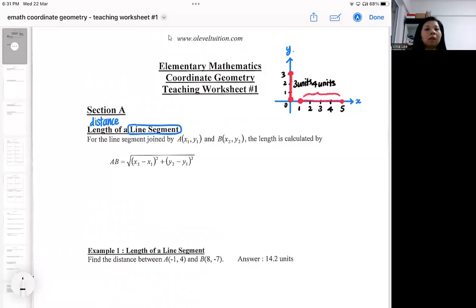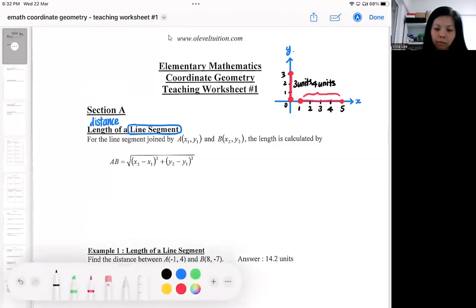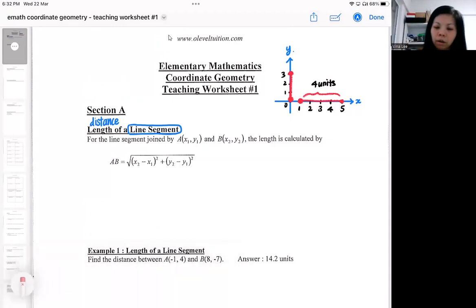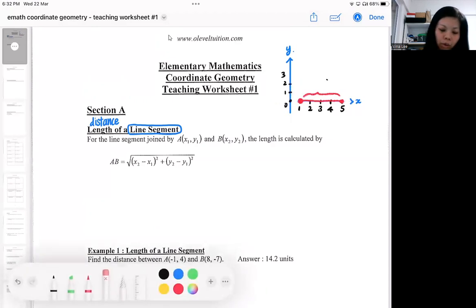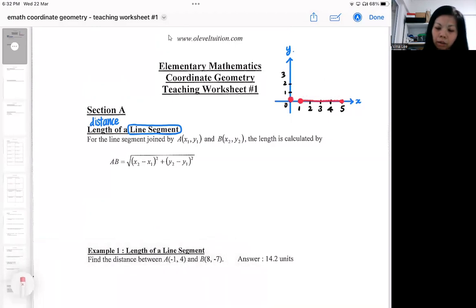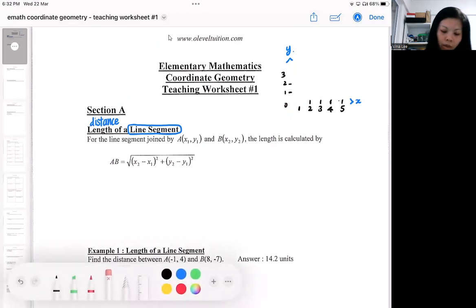So for a horizontal line and a vertical line, we can tell the length very easily, but not when the lines are slanted. Can you see that for a horizontal and a vertical line, it's very easy to tell the length by just looking at the numbers?